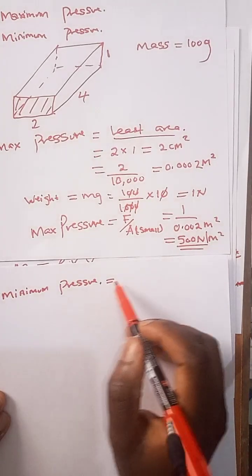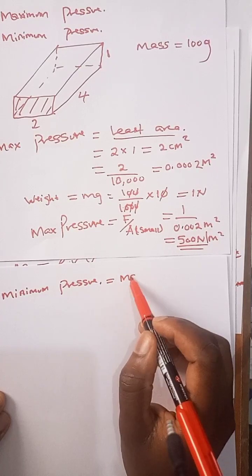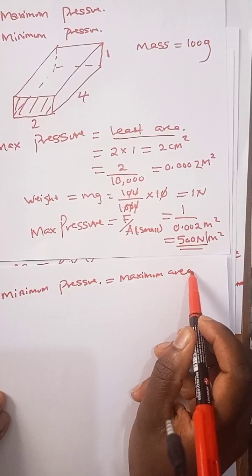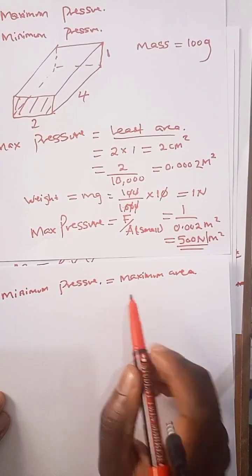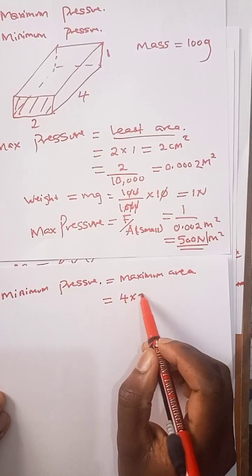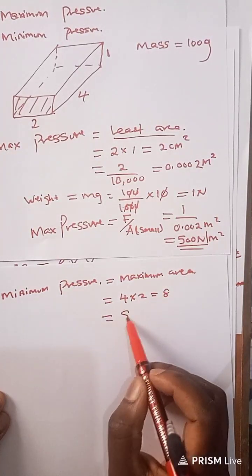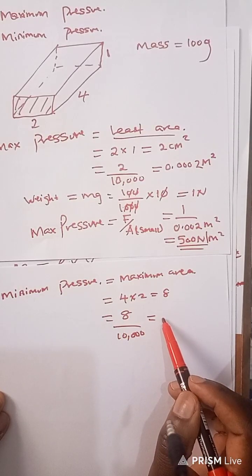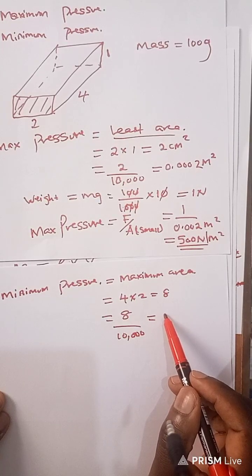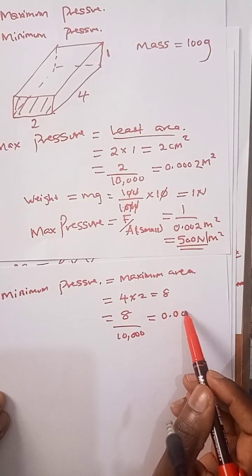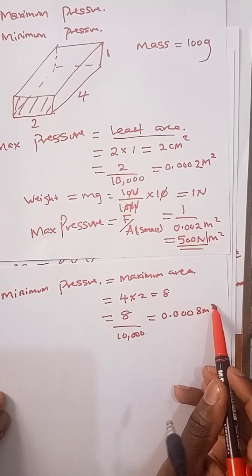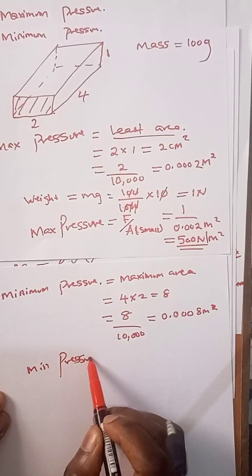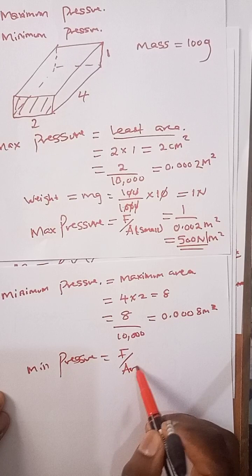and therefore the area we consider, so we are going to consider the maximum area, and that is 4 by 2, which gives us 8. So 8 divided by 10,000 to change that into meters squared, we have 0.0008 meters squared, and therefore minimum pressure will therefore be force over area.